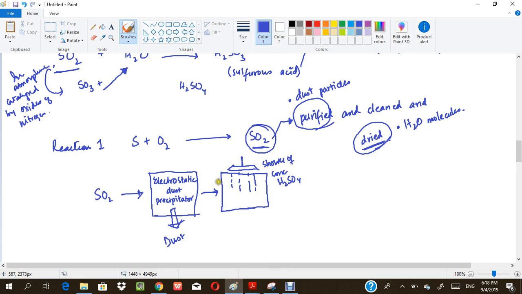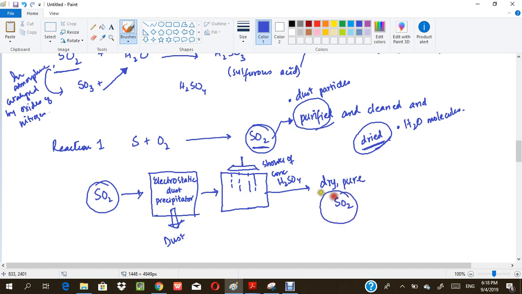So, when sulfur dioxide, which has some moisture in it, passes through this shower, the water molecules present along with the sulfur dioxide are removed by this shower. And what leaves this shower is dry, pure sulfur dioxide.